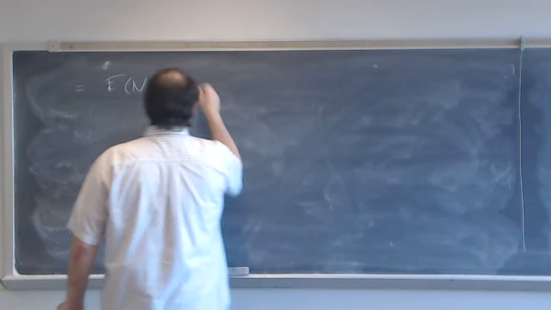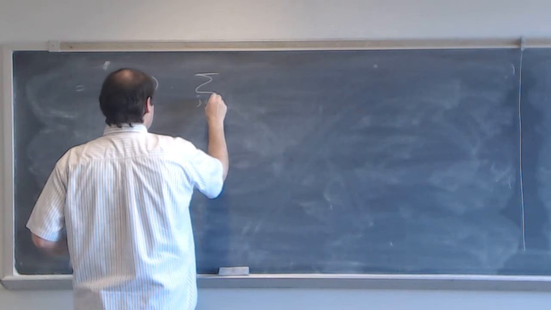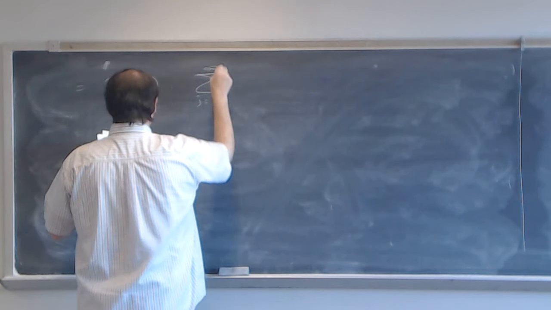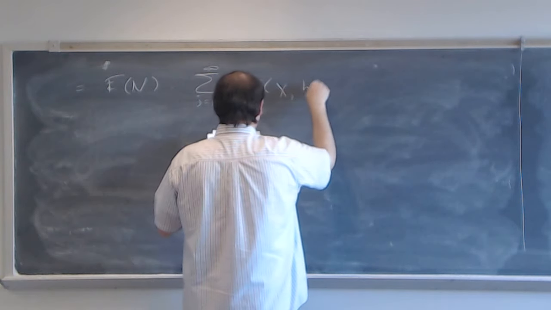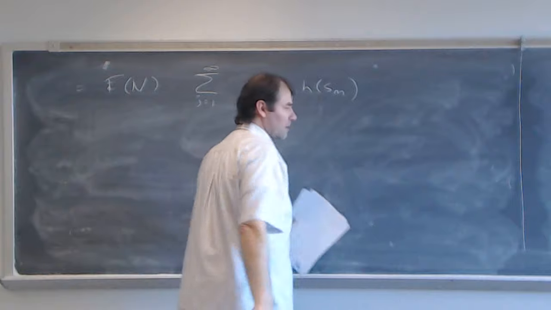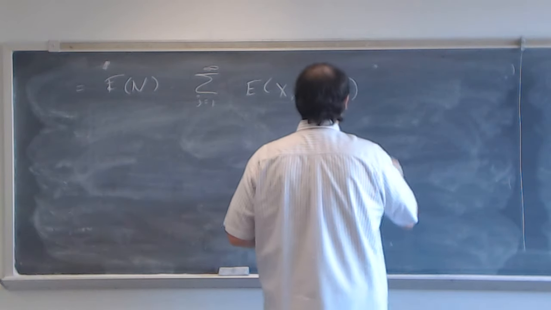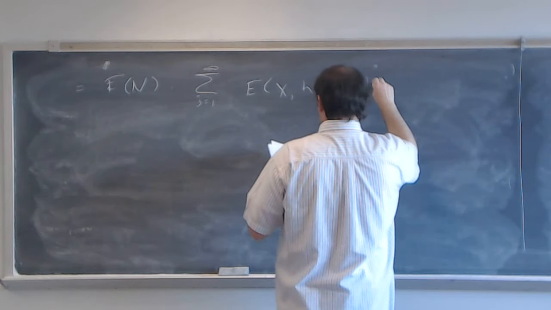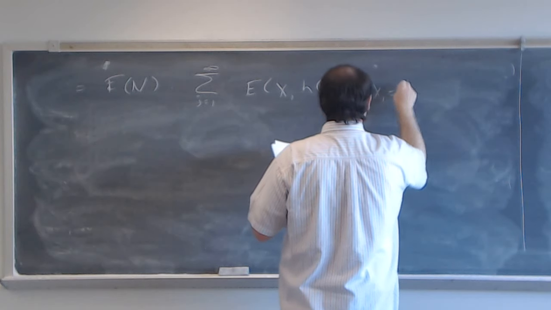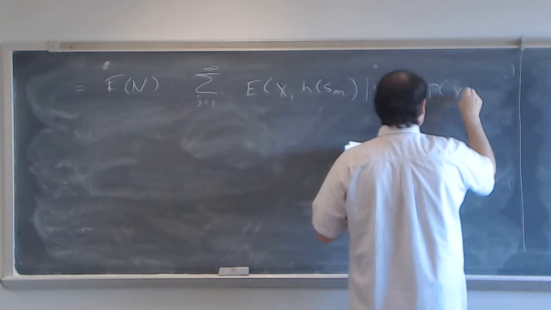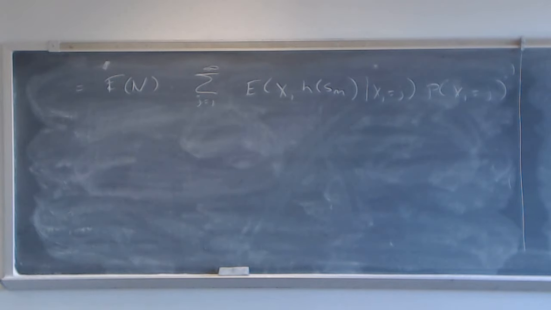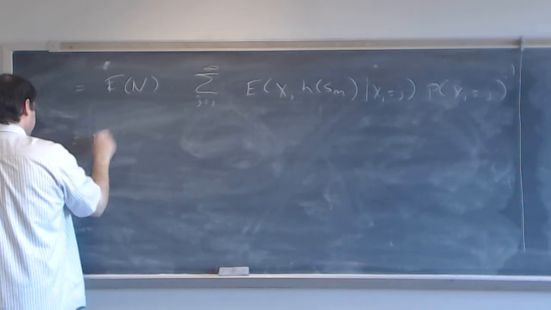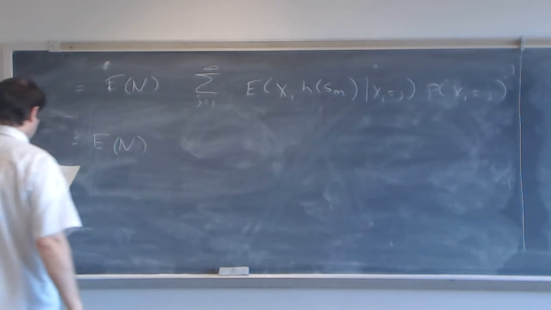So that is a sum over all j outputs, j could be 1 to infinity, of the conditional expectation of X1 h of S of M, given X1 equals j, times the probability that X1 equals j. And we have a symbolism for the probability that X1 is equal to j. Remember, that was alpha sub j. So this is equal to the expected value of N. Okay?